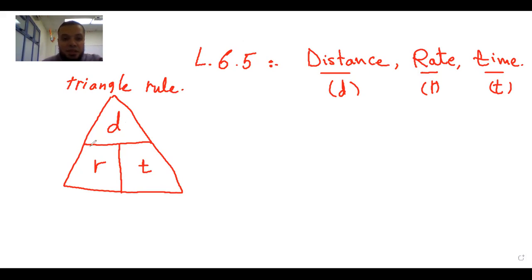This line, guys, this midline, represents divide. And this midline between R and T represents multiply.